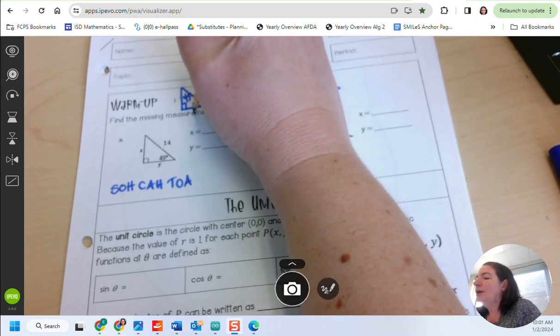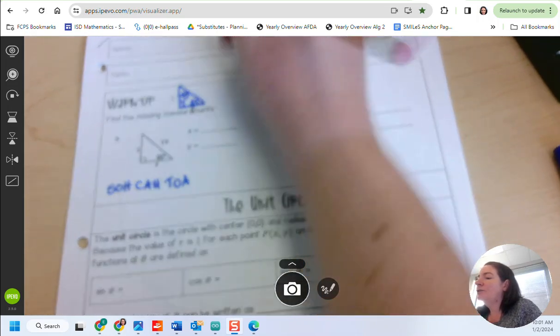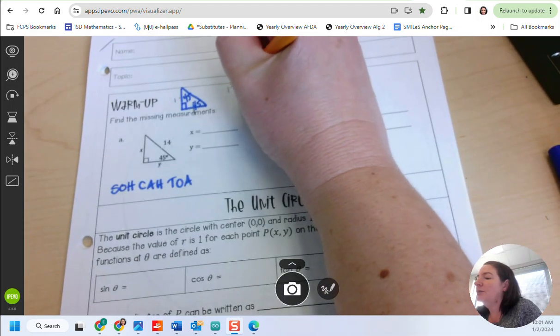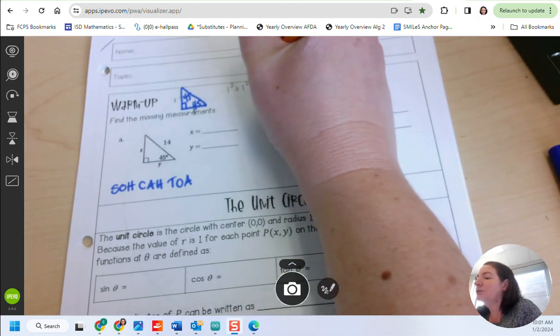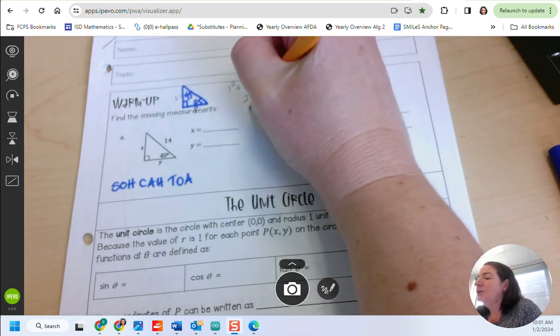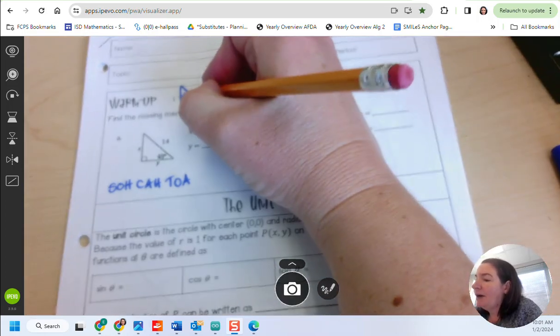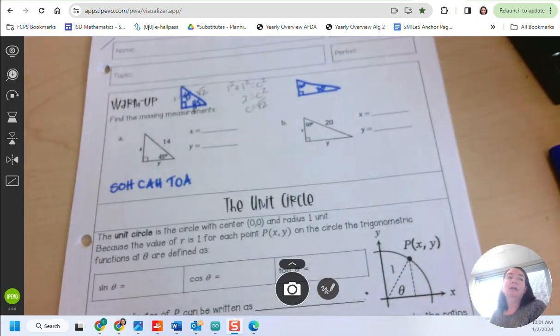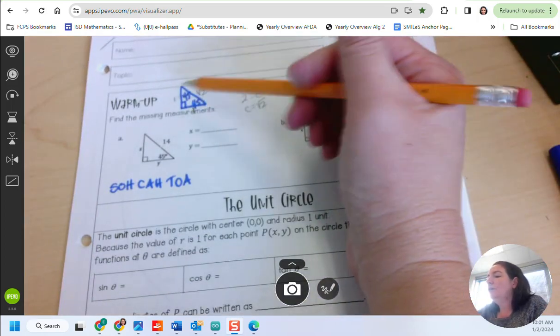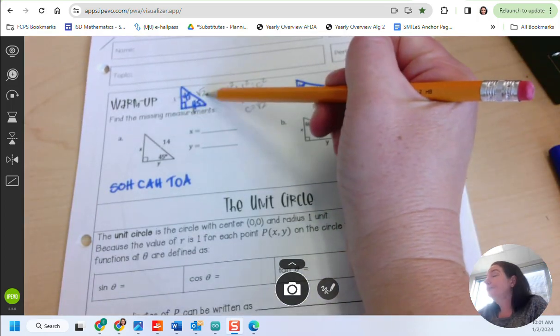We had 1, 1, and then if you solve with Pythagorean theorem, 1 squared plus 1 squared equals c squared, you get 2 equals c squared, and you get c equals root 2. So that's why the hypotenuse is root 2. So the ratio of the sides in the 45, 45, 90 triangle are 1 to 1 to root 2.